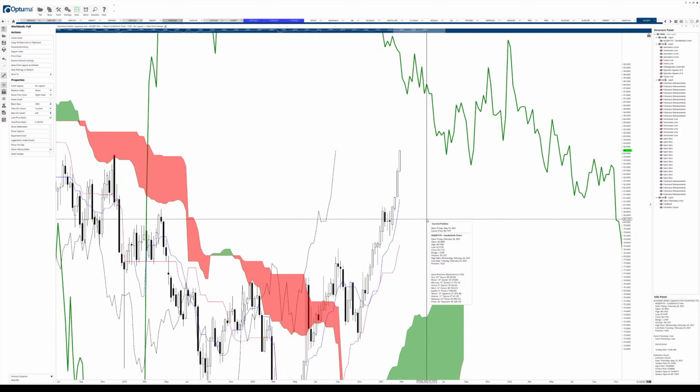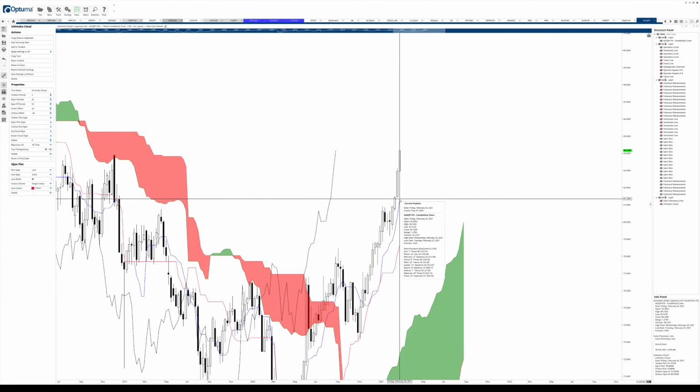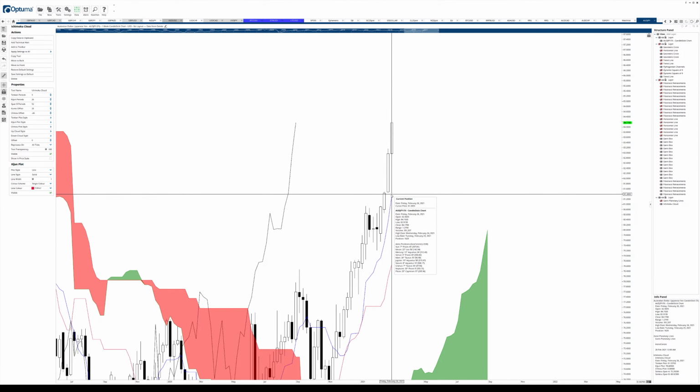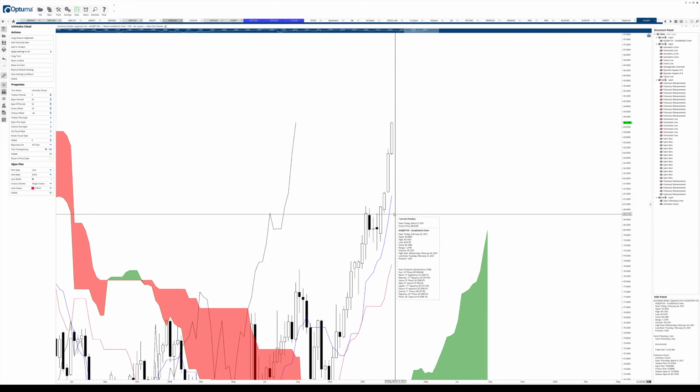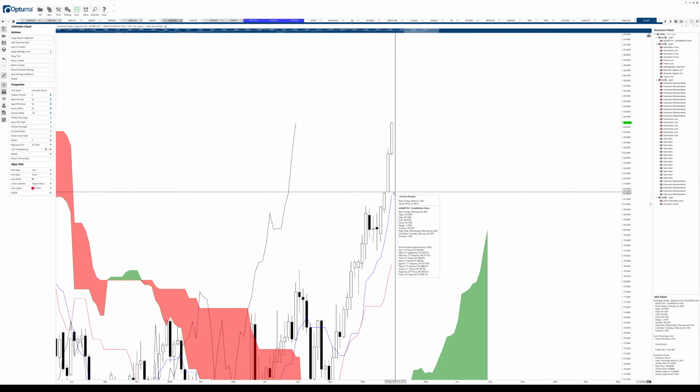One of the things about the Ichimoku system that is really important to understand is that you shouldn't think of the Tenkan Sen as a normal moving average. Think of it more like a short-term volatility indicator represented as a moving average. In a nutshell, you never really want to see price far away from the Tenkan Sen, because that's how you know you've moved to an extreme.